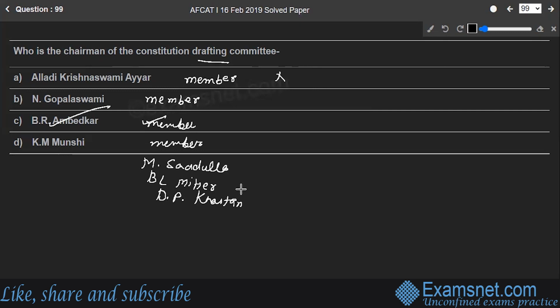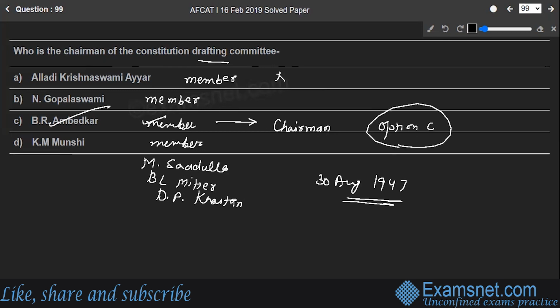At its first meeting on 30 August 1947, the drafting committee elected B.R. Ambedkar as chairman. So we have option C as the answer to this question.